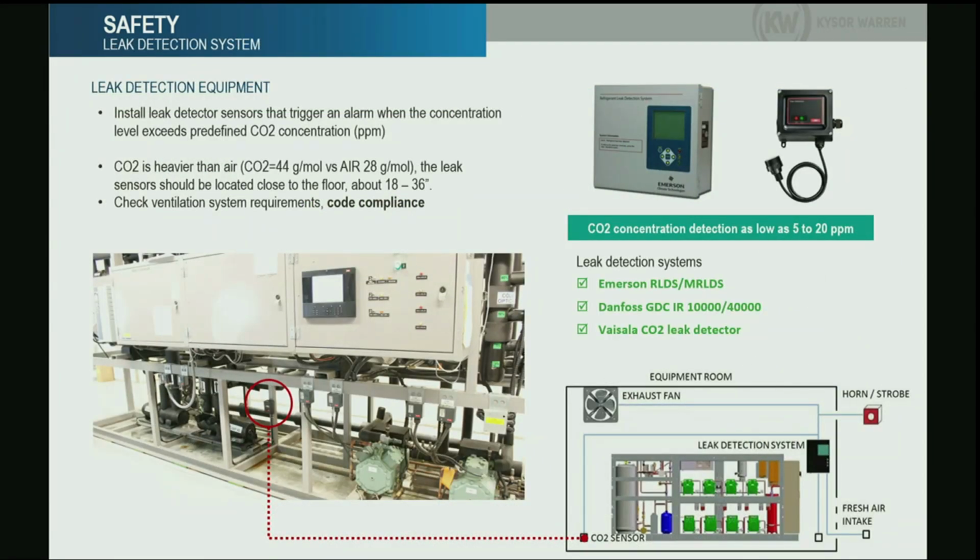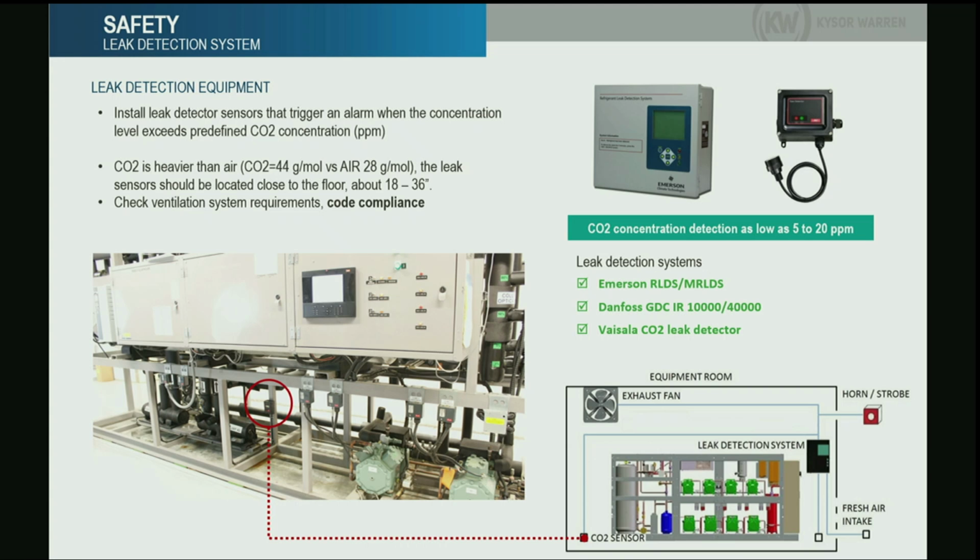We talk about leak detection, and also that CO2 is heavier than air. So if we have a leak of CO2, because it's heavier than the air, it will go to the bottom on the floor and will displace the air to the top. So the best way to install leak detectors in this case is close to the ground.